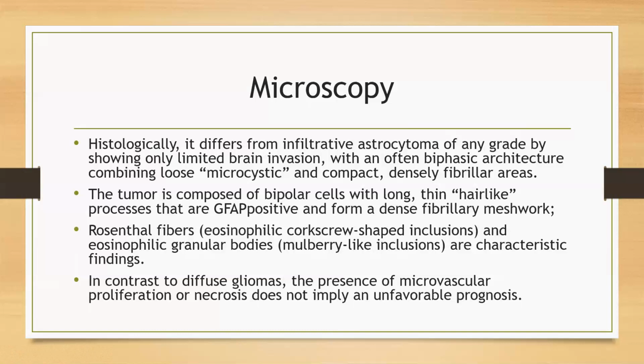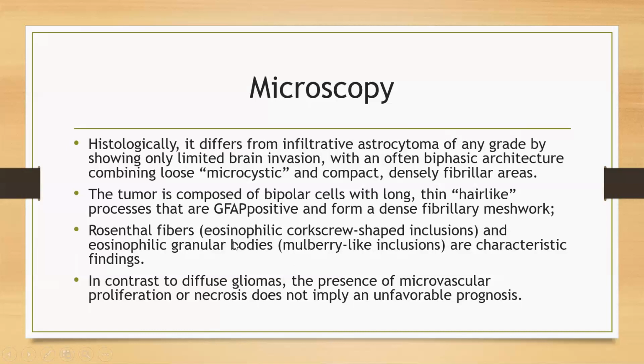The tumor is often composed of bipolar cells with long, thin, hair-like processes that are GFAP positive and form a dense fibrillary network. Rosenthal fibers and eosinophilic granular bodies are characteristic findings.